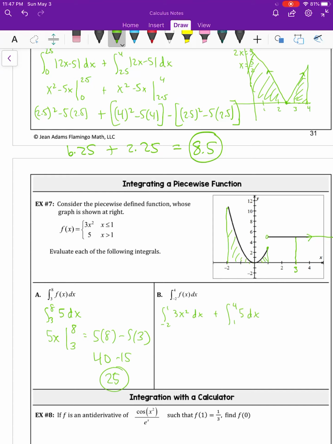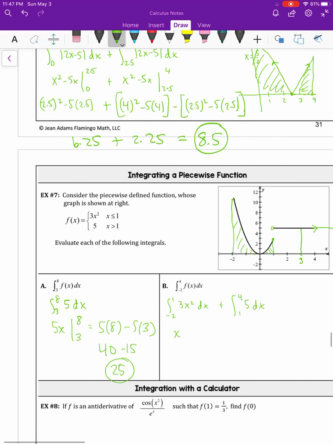So we're going to have to split this up. So from negative 2 to 1, I can integrate 3x squared dx. But then from 1 to 4, I would have to do 5 dx. Okay, so we've got x cubed here from negative 2 to 1 plus 5x from 1 to 4.